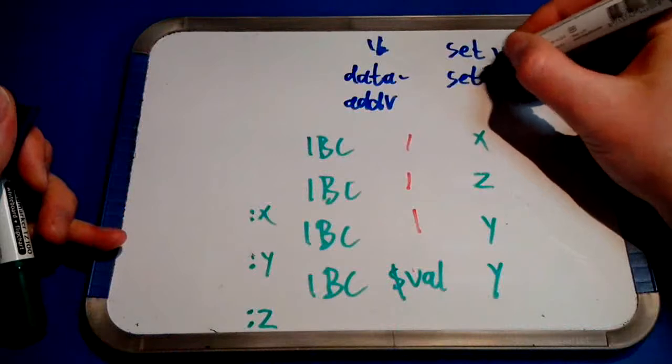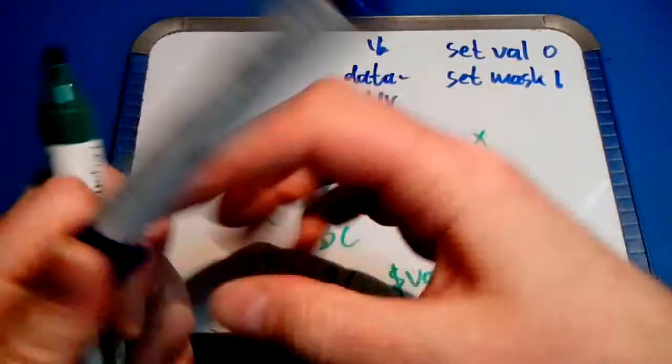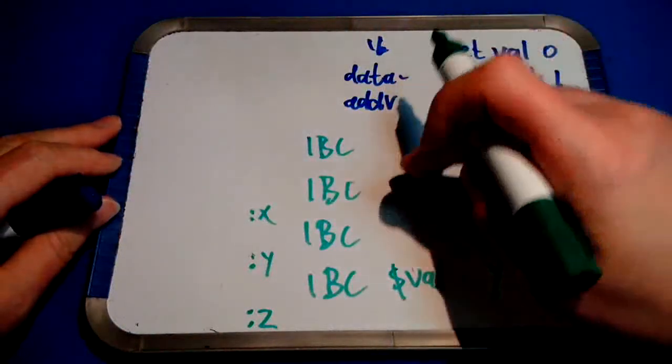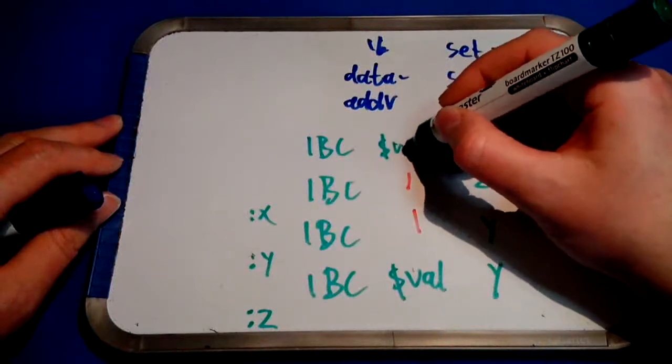You can do the same for a mask. What we do essentially is introduce a variable named val and a variable named mask. So let's replace all the references to data location 1 with mask.